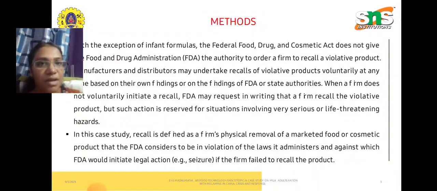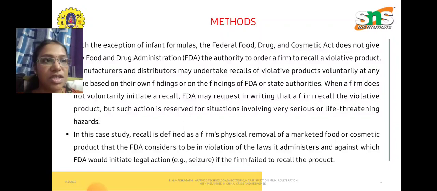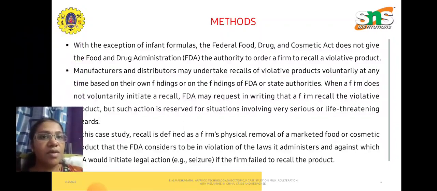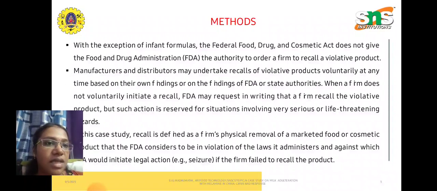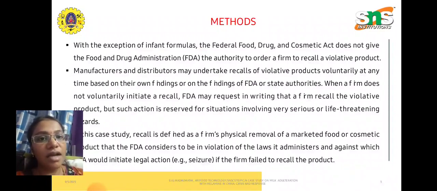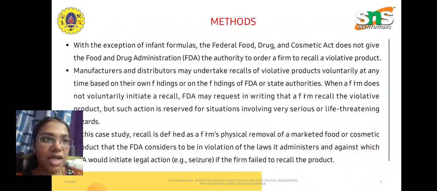After seeing this basic introduction, let's see about the methods. With the exception of infant formulas, the Federal Food, Drug and Cosmetic Act does not give the FDA the authority to force a firm to recall a violative product.